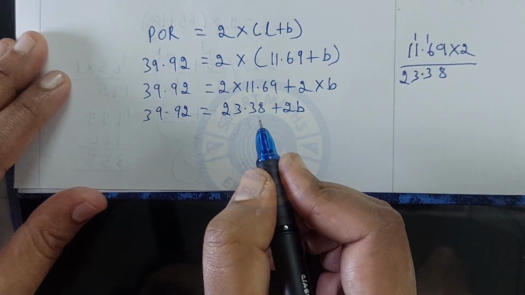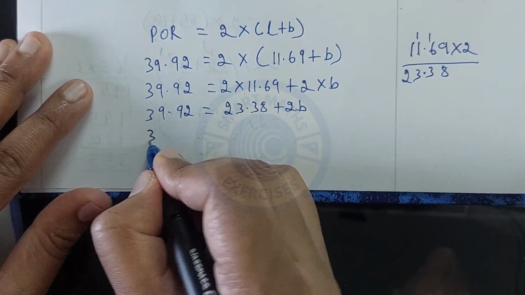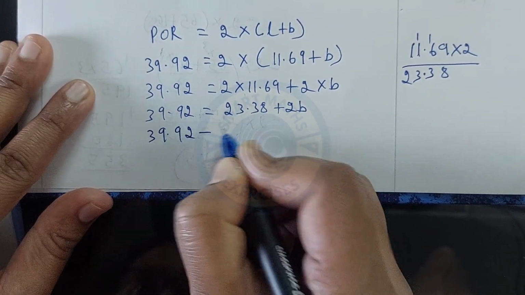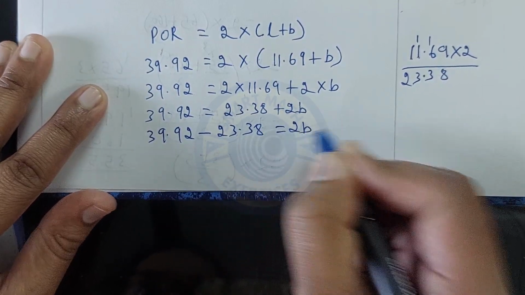So when the right hand side comes to the left hand side, it becomes minus. 39.92 minus 23.38 equals to 2b.